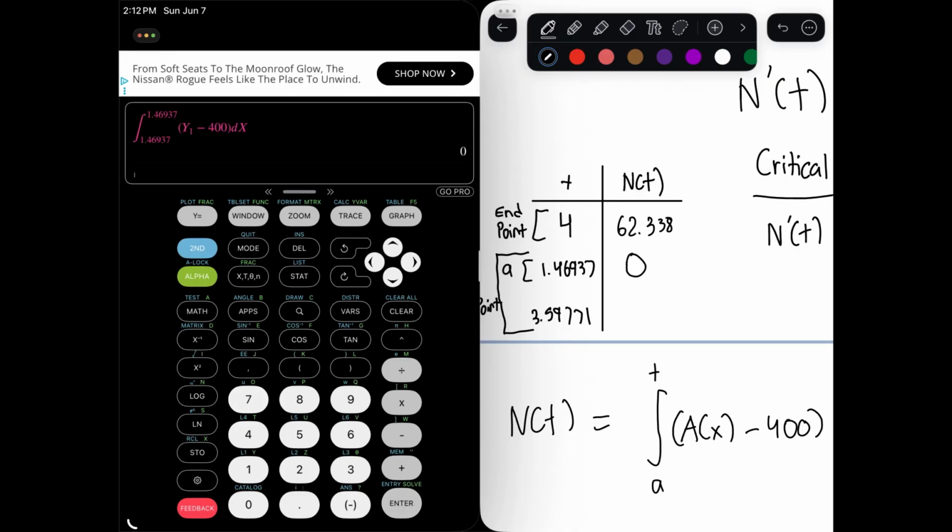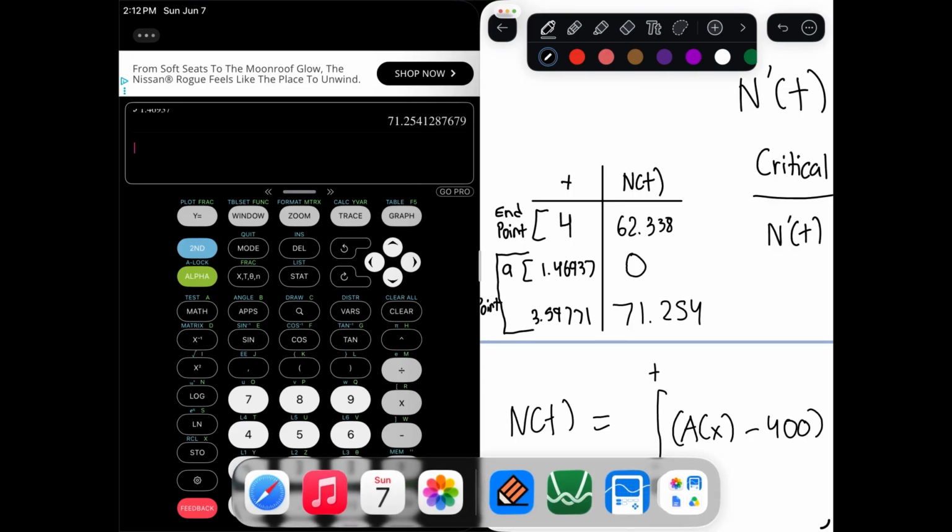And then let's plug in our last point, 3.59771, and this gets you 71.254. So that is going to be our max, because that's the greatest value of N of t at that point.